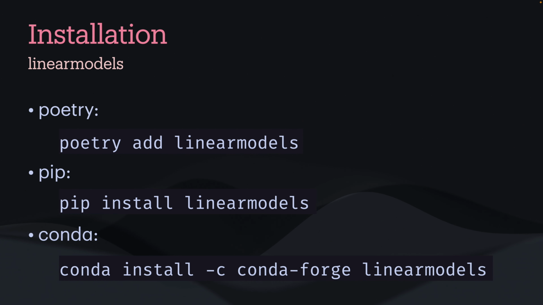If you use Conda, be aware that linearmodels is not available in the default Conda channel, but it is available in the conda-forge channel, so you'll need to specify that when installing. Once installed, we're ready to dive into the world of empirical finance modeling. We'll be exploring how this library helps in accurately estimating different types of standard errors.